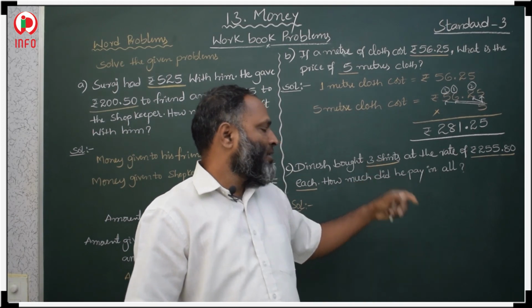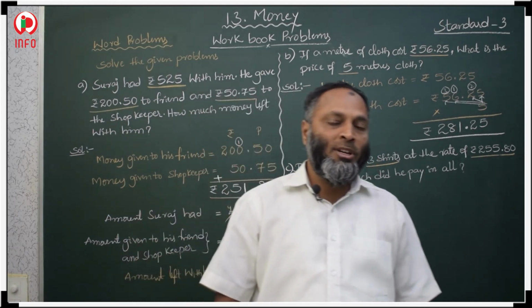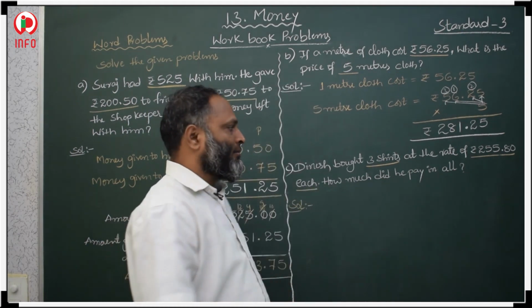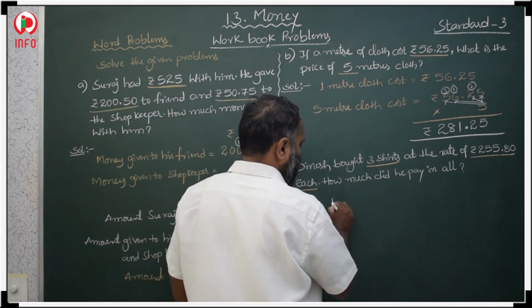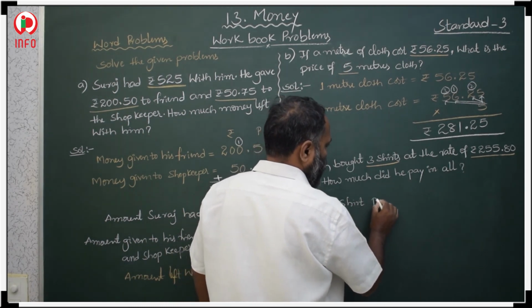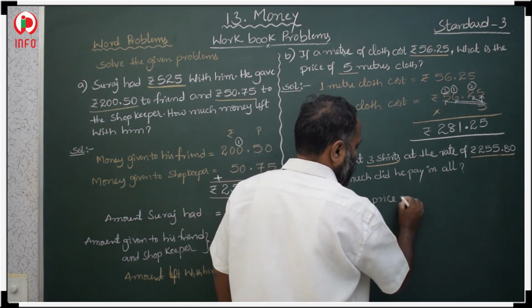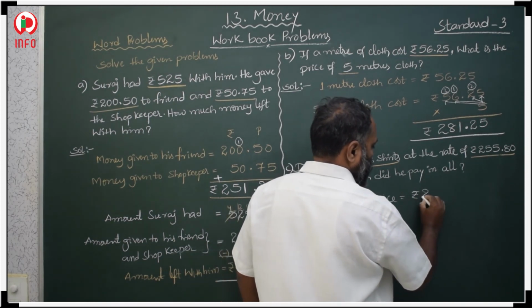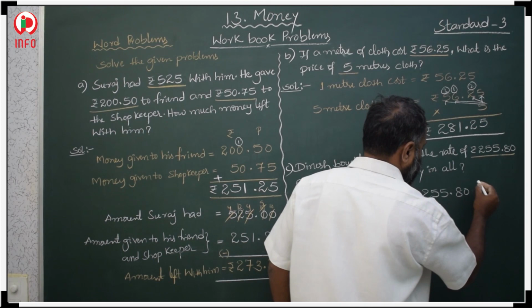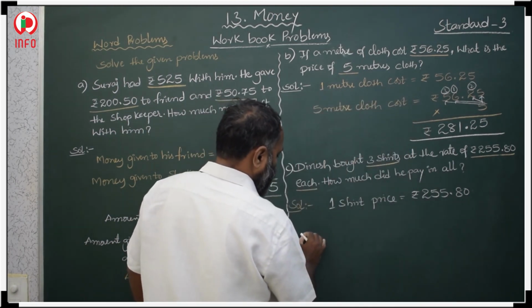Then what about the price of 3 shirts? The total he paid means the price of 3 shirts he is asking. Okay. One shirt price is equal to 255 rupees 80 paisa.